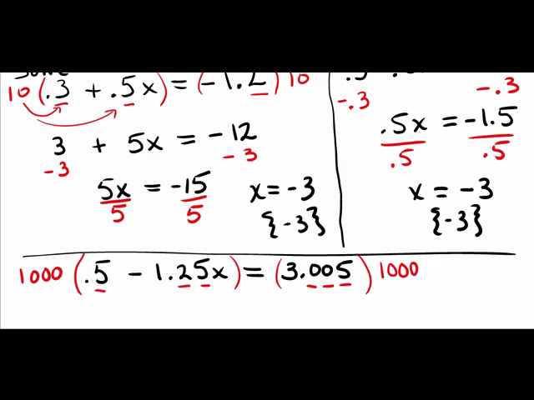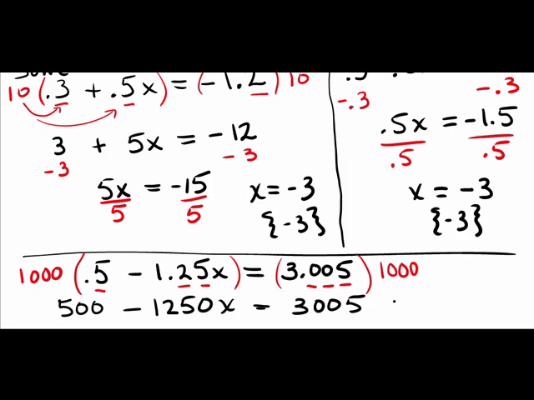So multiplying through by 1,000 is going to move every decimal 3 places to the right, meaning we would have 500 minus 1250x equals 3005.